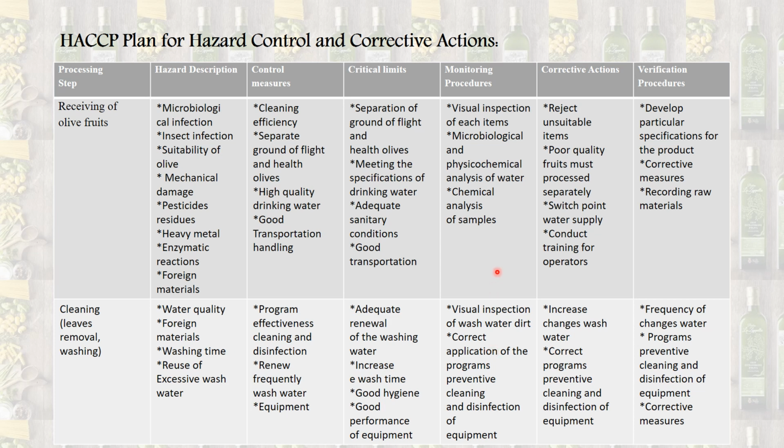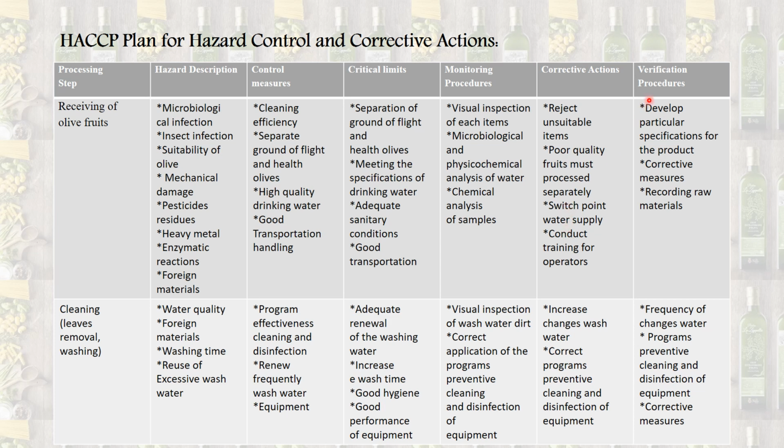Principle number 5, which is the corrective action. Corrective actions are predetermined measures that have to be implemented when the monitoring indicates that a deviation has occurred. لازم يبقى عندي correction action قبل ما يحصل loss للكنترول ده. Example on the corrective action on the receiving of the fruit, we must reject unsuitable items, and poor quality fruit must be processed. يحصل لها معالجة and conduct training for operators.